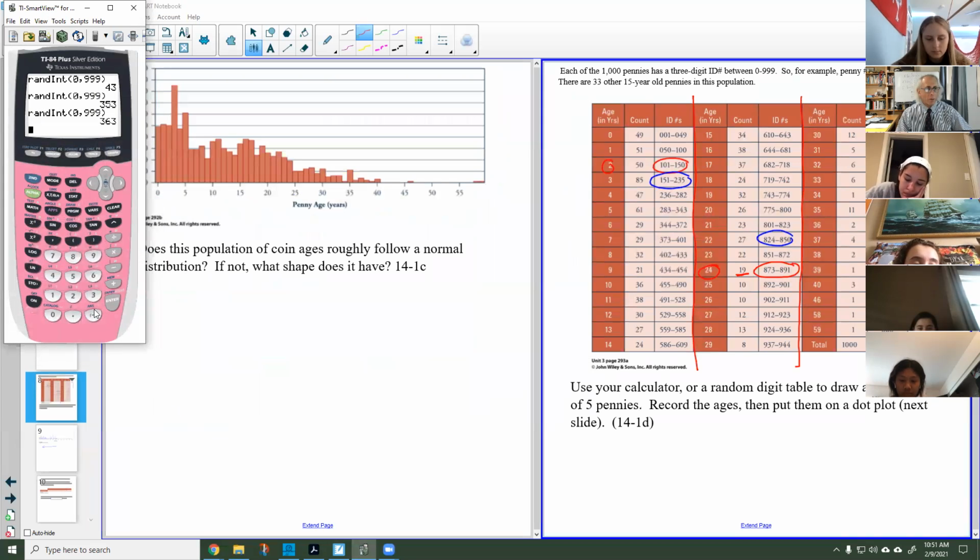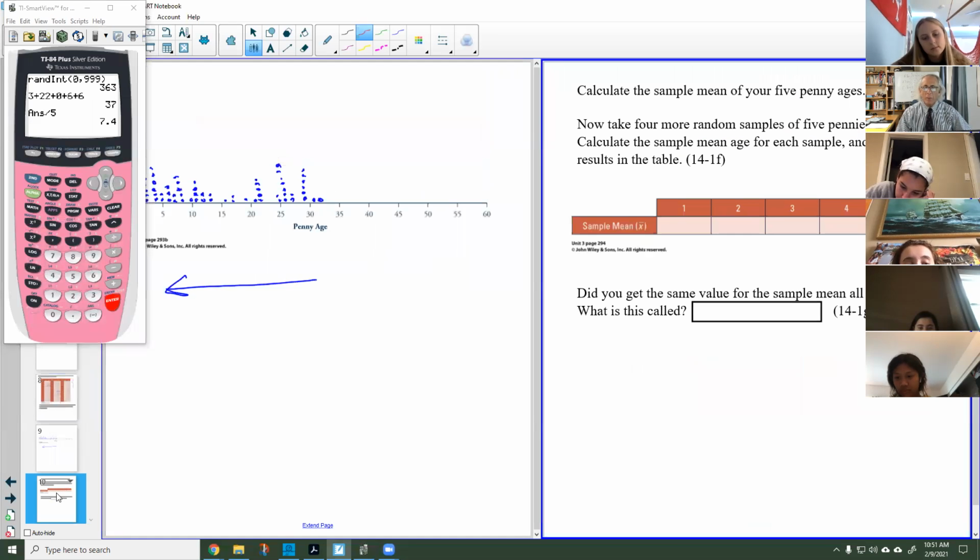So I'm going to go 3 plus 22 plus 0 plus 6 plus 6, and I'm going to divide that by 5 because I have 5 pennies. So my mean was 7.4. And then I'm going to go to this little table right here, and I'm going to write in 7.4.